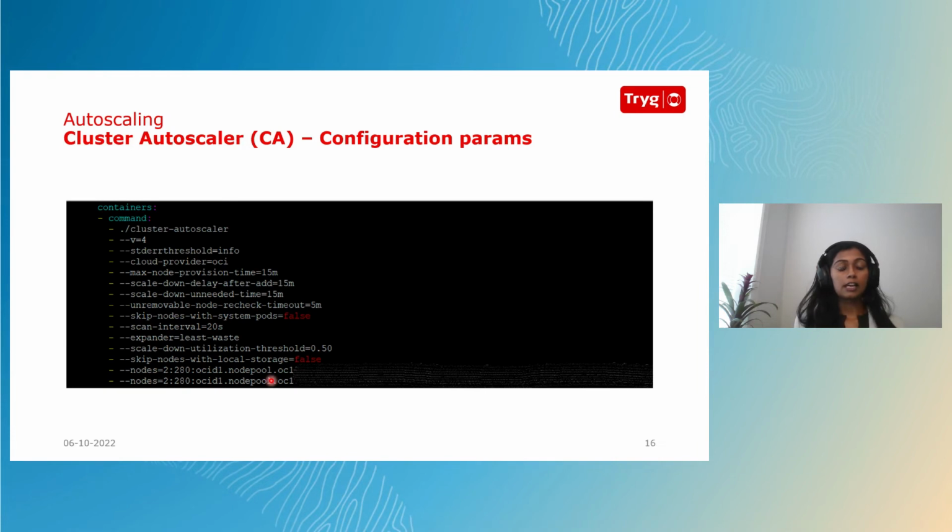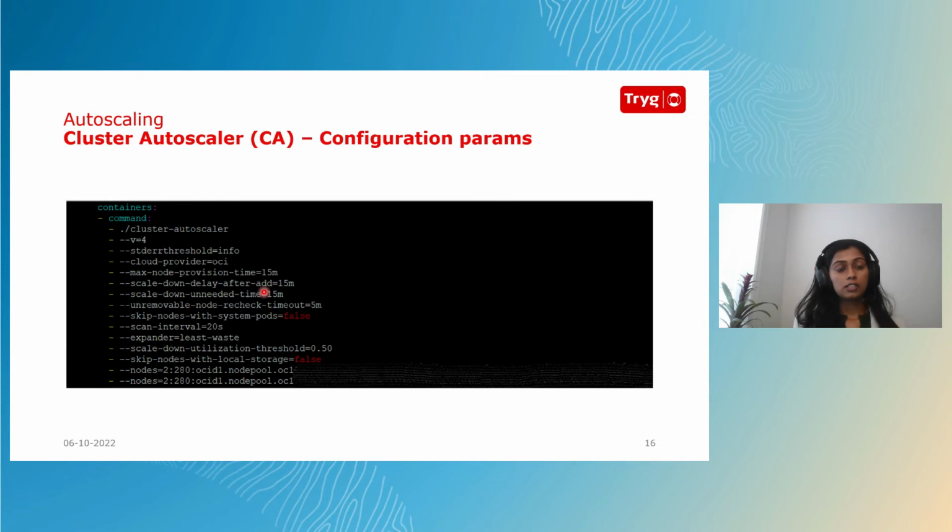So, for example, if I have a cluster where there are three node pools and I want to be able to dynamically scale the number of nodes in only two of them, I can very well do so using these parameters, say node and the node pool ID you provide, and that's what it'll do. You can also vary or decide how fast you want to scale down using parameters like the scale down delay after add, and there are many such parameters you can play around with to suit your needs.